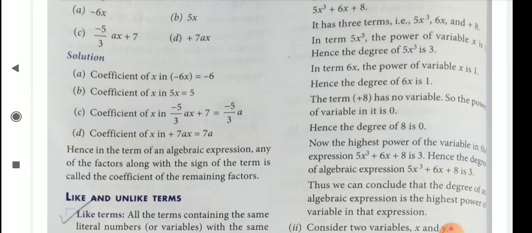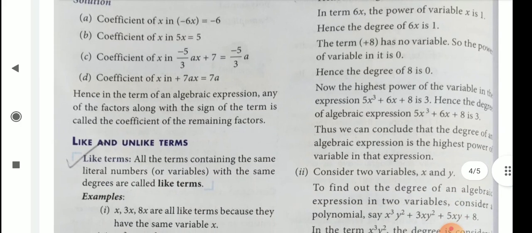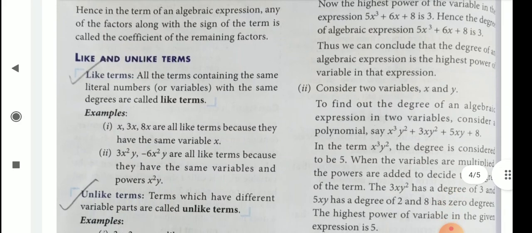So we conclude that the degree of an algebraic expression is the highest power of the variable in that expression. Clear?